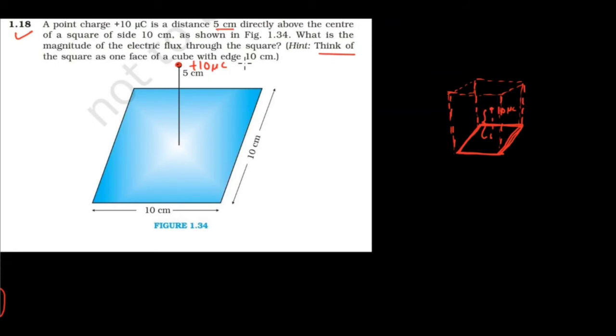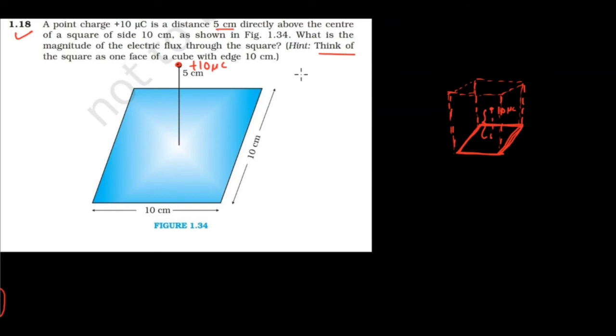Okay, and this cube encloses the charge plus 10 microcoulomb, and this charge is equidistant from all the faces. You can see that the charge is symmetrically placed with respect to all the faces. The distance of the charge 10 microcoulomb is same, that is 5 centimeter from all the faces.